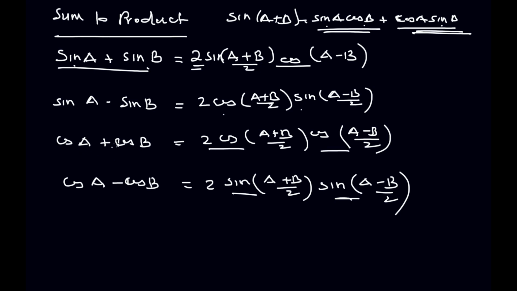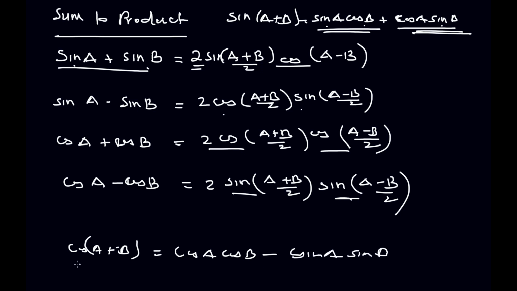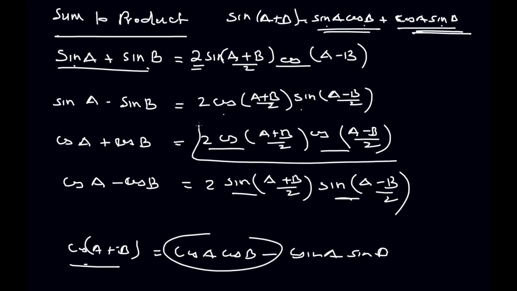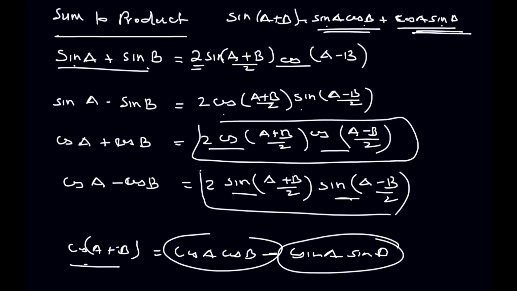Why? Because where we are originating these from is, let's say, cos of A plus B. You remember that this one gave us cos A cos B minus sine A sine B. If we do the manipulations here, we are going to find that it's either you have this side, which is what we are seeing here, or you have that side, which is what we are seeing here.